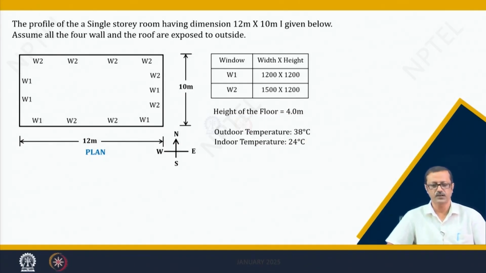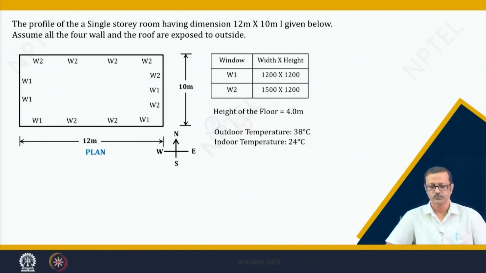The profile of a particular building is given, 12 meter by 10 meter is the plan area, and the windows are also mentioned. There are W1 and W2, and the height and width of the windows are also given. W1 is 1.2 meter by 1.2 meter, W2 is 1.5 by 1.5, and the height of the room is 4 meter.